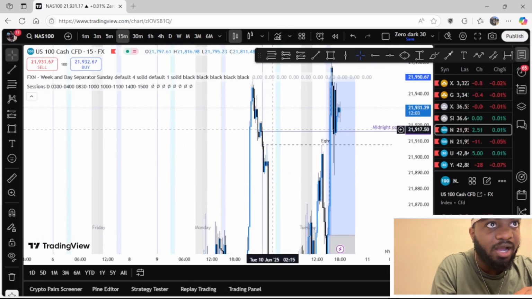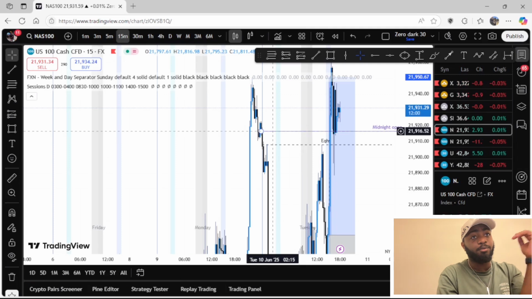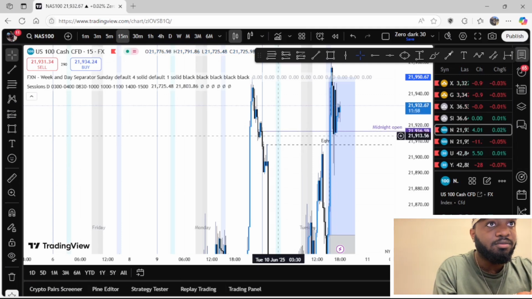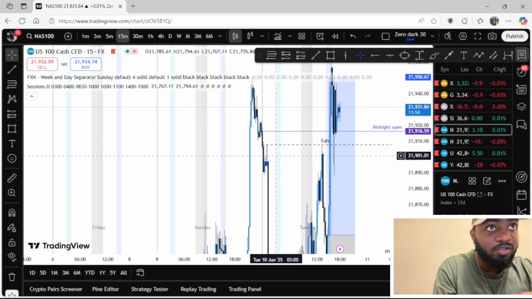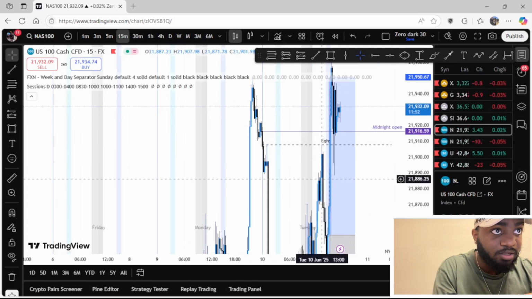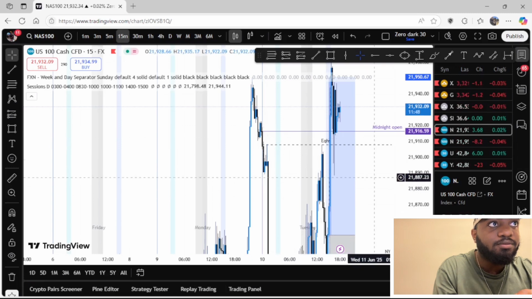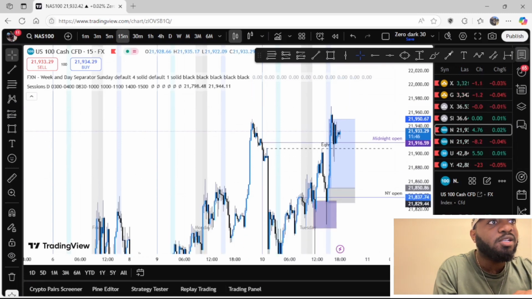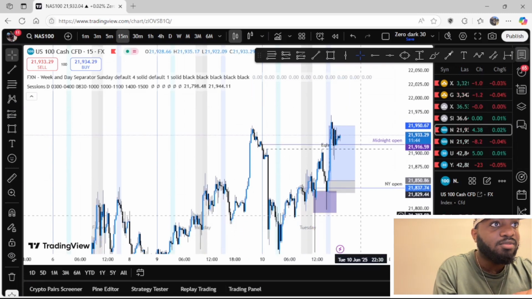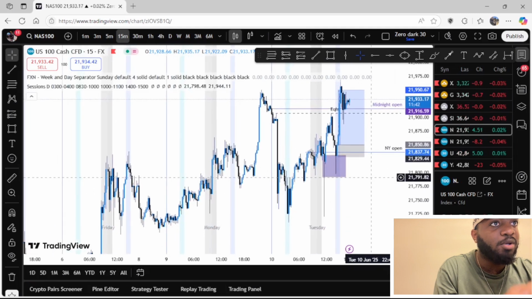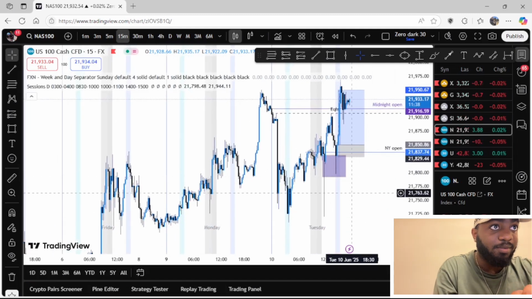The wick is considered the high, but the high of the body is considered, with the sell candle, the open. If this was a buy candle, for example, like here, this would be the open, okay? So you have your open. Your open is just basically a key point in price which price is gonna use in this paradigm of where it's gonna take out liquidity, if that makes sense.